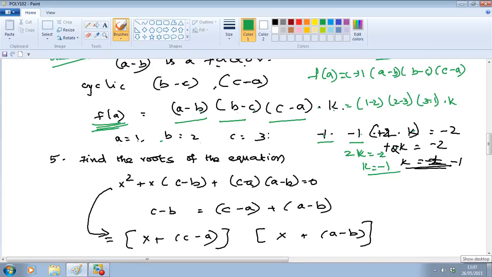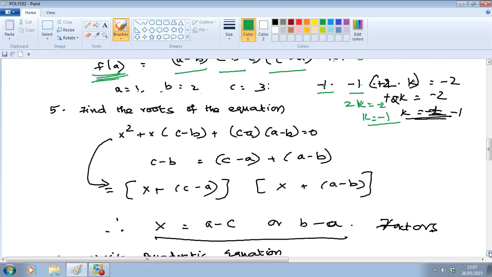Next problem. Find the roots of the equation x square plus x multiplied by c minus b plus c minus a multiplied by a minus b is equal to 0. The equation is given. Find the roots of the equation.